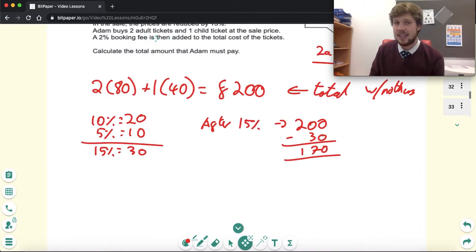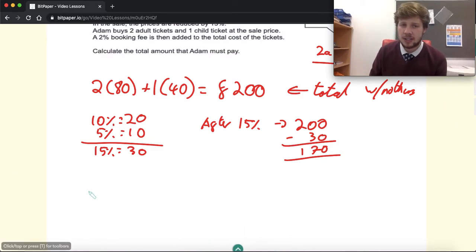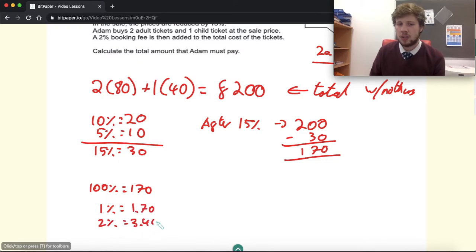And it says it is then added to it. So therefore, what I have to do is think about 170 as my 100%, and I need 2% of it. Well, 1% is £1.70, 2% must be £3.40, so therefore 170 add £3.40 is going to be £173.40.